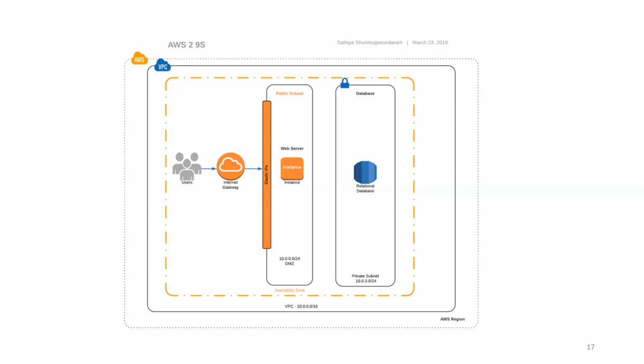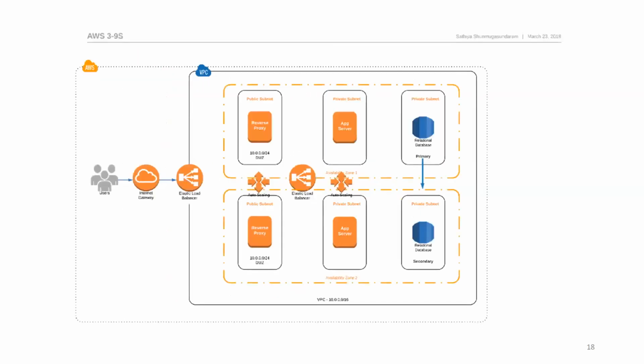Now, by seeing the architectures, are you able to make out whether it is highly available or not? How many availability zones are there here? One. Very good. And now this, is it highly available? Yes. How many availability zones? Two. And do you see those four arrow marks? They relate to auto scaling. Can you do auto scaling across availability zones?